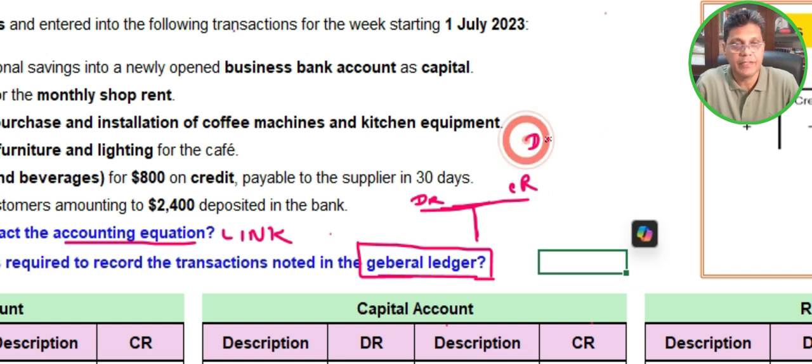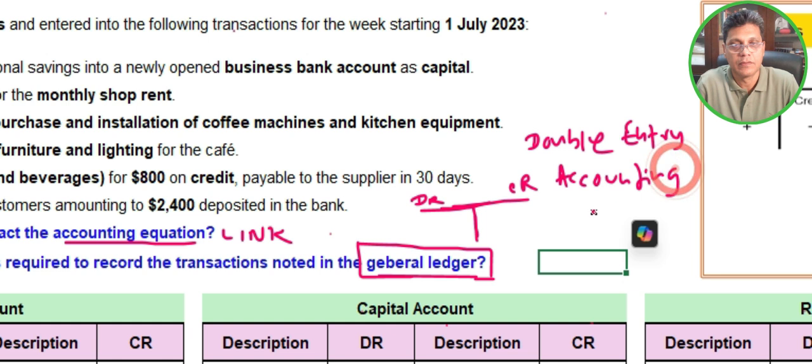We say double entry accounting rules or principles. So based on these double entry accounting rules, we need to record these transactions in T accounts.